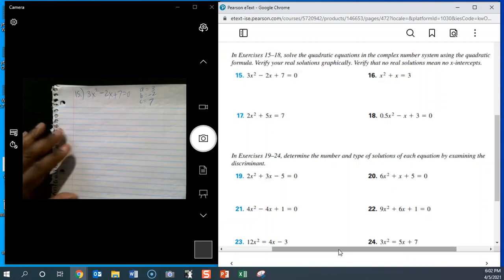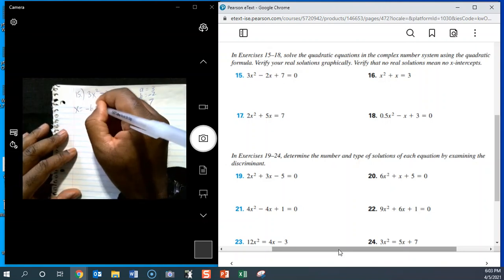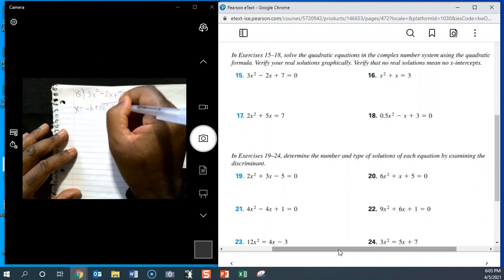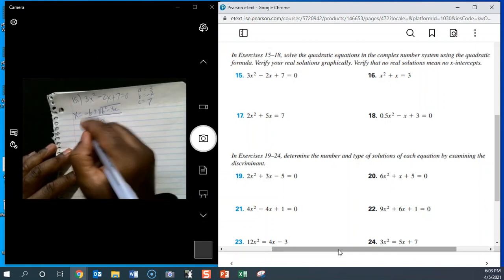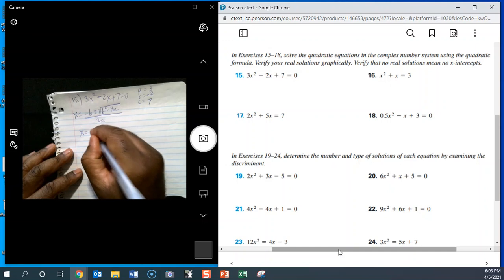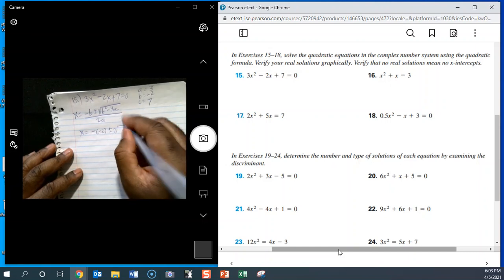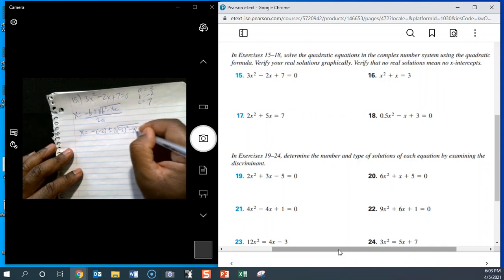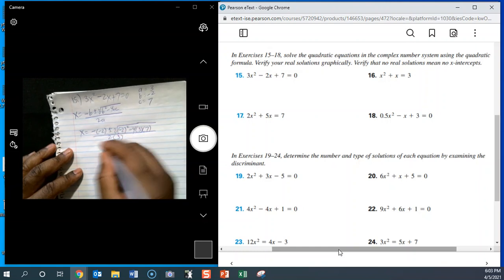So now we would do our formula, which is x equals -b plus or minus the square root of b squared minus 4ac all over 2a, quadratic formula. So we're going to substitute. We have the opposite of -2 plus or minus the square root of -2 squared minus 4 times 3 times 7 all over 2 times 3.